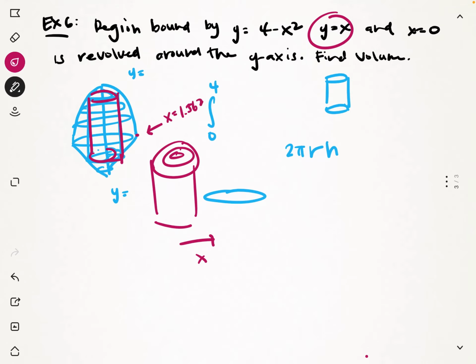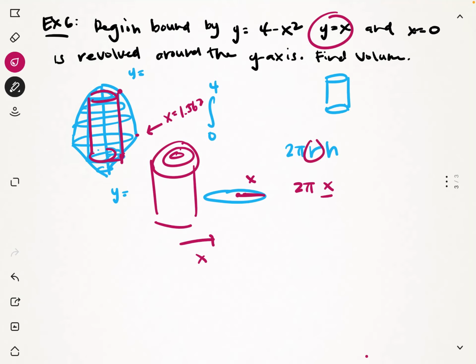Okay, and then this makes it easier, in fact, because now our circumference for each of these outsides of our circles is just going to be our x. So we have 2 pi times x. Our radius is x. And then our height now is going to be the difference between the top function and the bottom function.